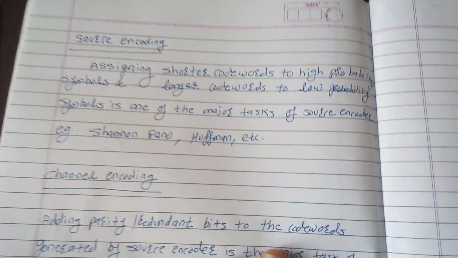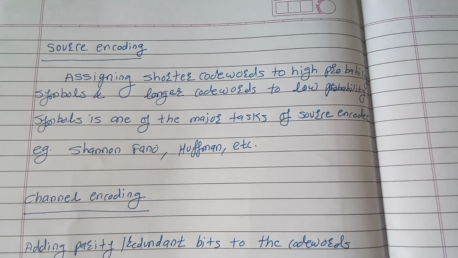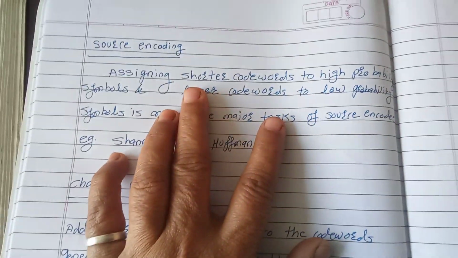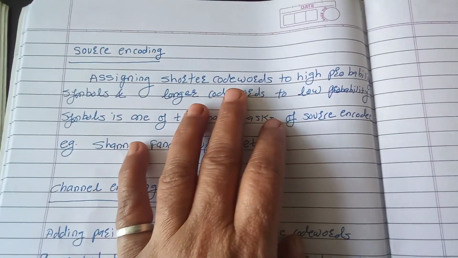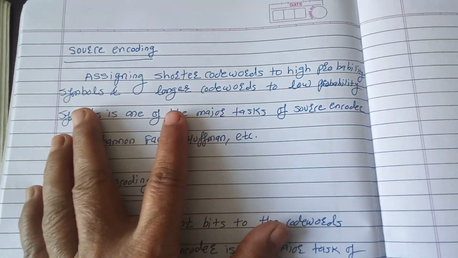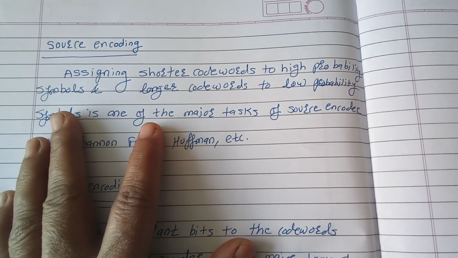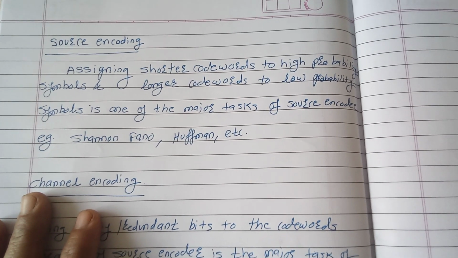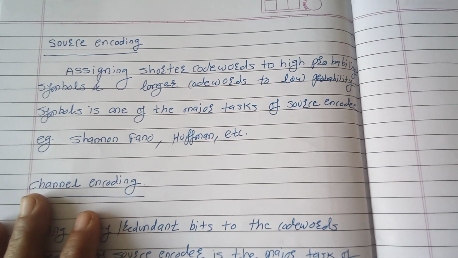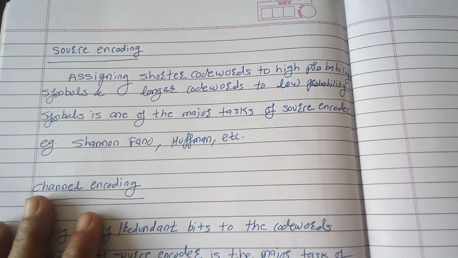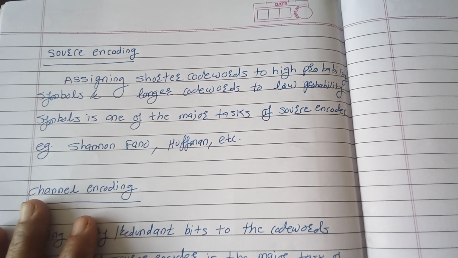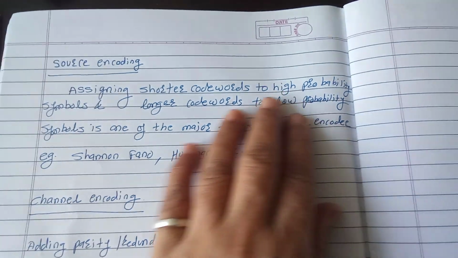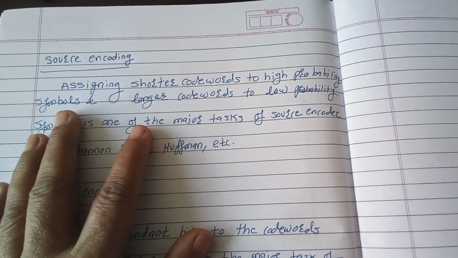It represents the symbols in such a way that shorter code words will be assigned to high probability symbols. The symbols or messages which appear frequently carry less information. As per the probability, if probability is high, then the information content in that symbol is less.